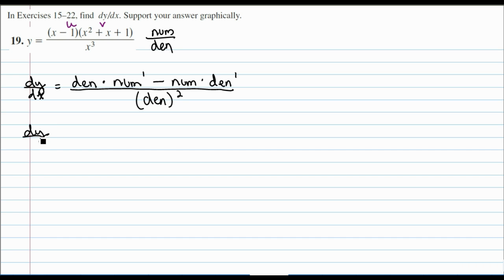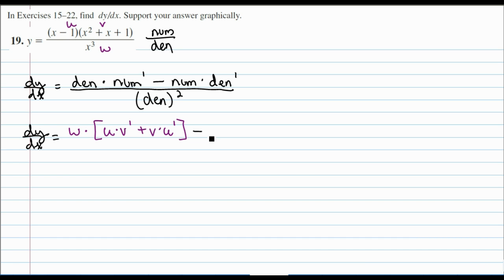So that means dy dx would equal, okay, the denominator, which we'll call w, times, now the derivative of the numerator is going to be u times v prime plus v times u prime.